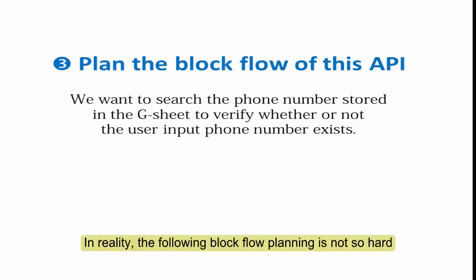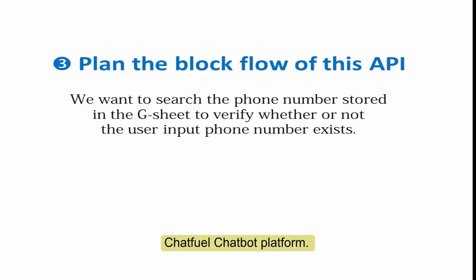In reality, the following block flow planning is not so hard for developers or designers who are comfortable with the Chatfuel chatbot platform. But we will try to summarize the main points for this single API.